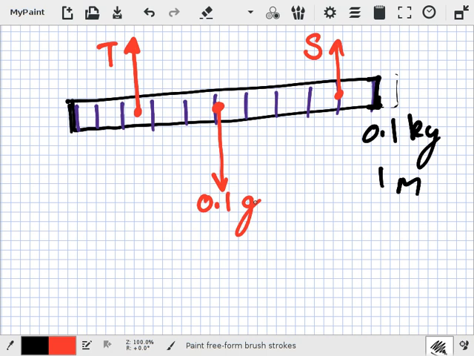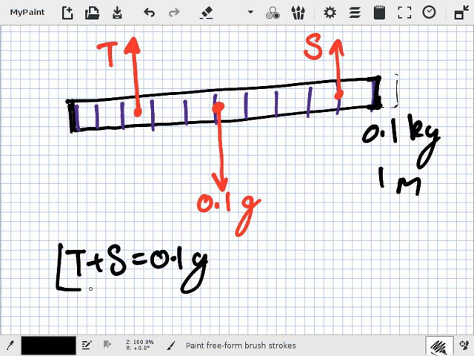So my first question is, are there any forces left and right? No. Are there forces up and down? Yeah. What's the up force here? T and S. And the down force? 0.1 G. Now, can you find T and S here? No. What's the problem? Well, two unknowns and one equation.